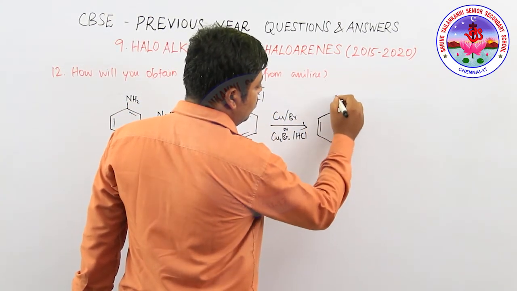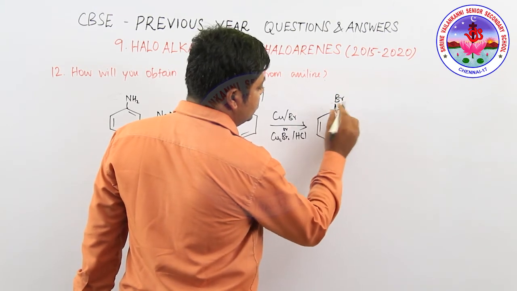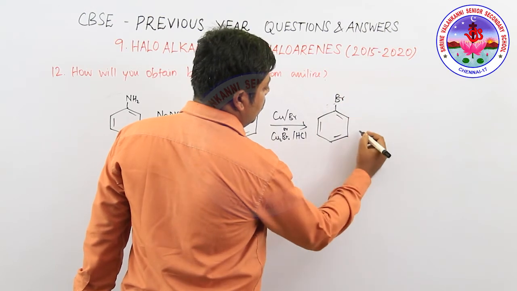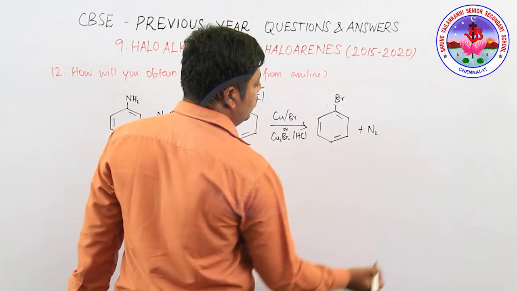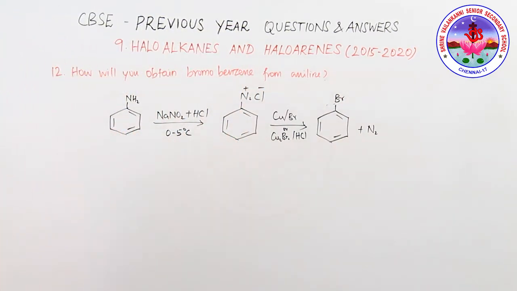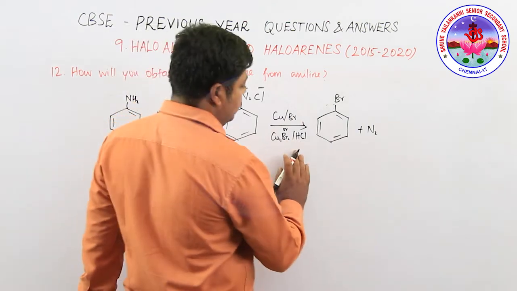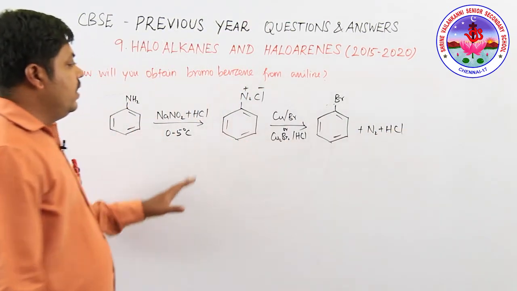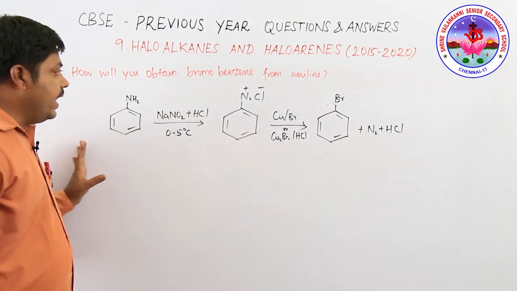You will get bromobenzene and N2. This is called the Sandmeyer reaction.